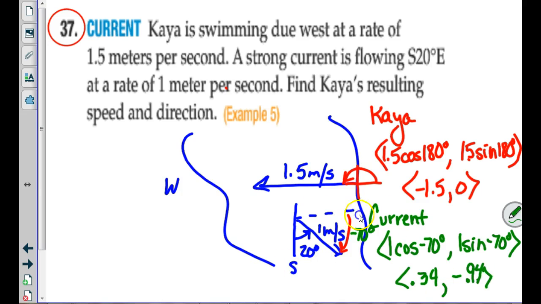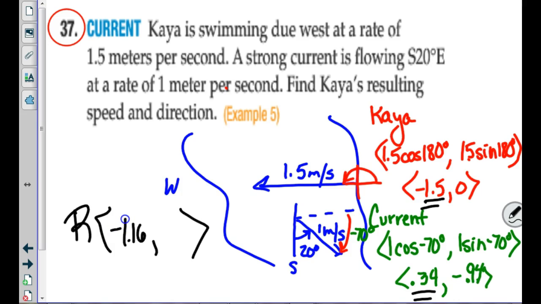Okay, now the resultant is when we add those together. Sorry, that bracket isn't looking good. If we add these two x's, what do we get? You get a negative in there, right? Negative 1.16, anybody? And then if we add the two y's back here, we just get negative 0.94.